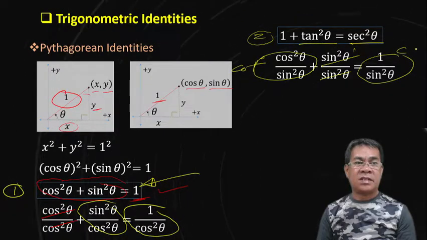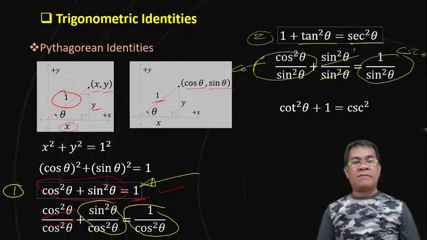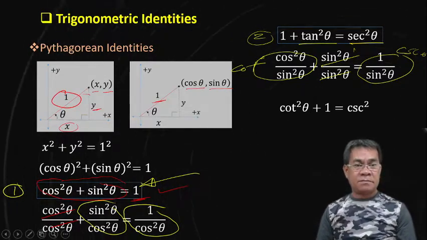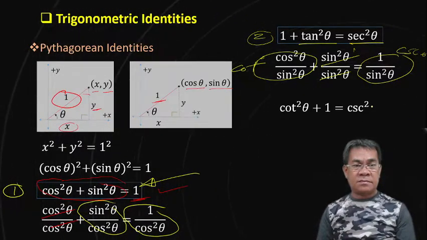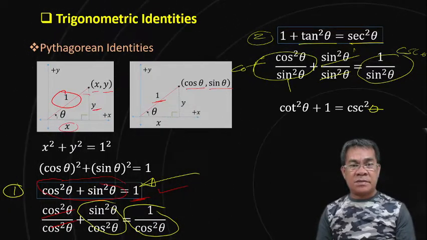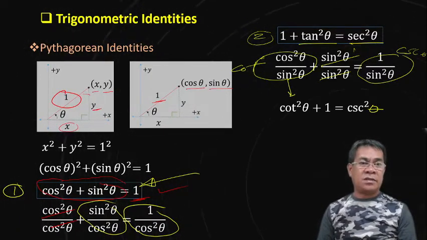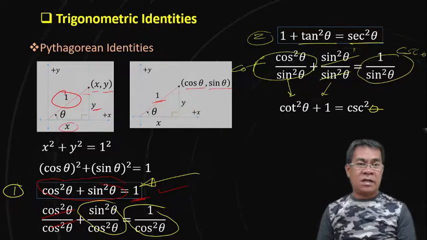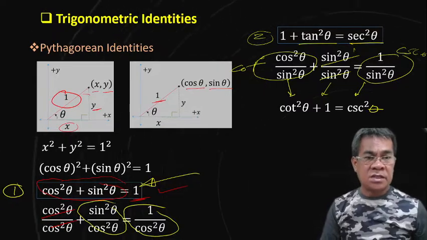This is cosecant. So, please refer to our previous identity. Therefore, again, this becomes cotangent square, and this one is 1. And the 1 over sine square theta is just equal to the cosecant squared theta.